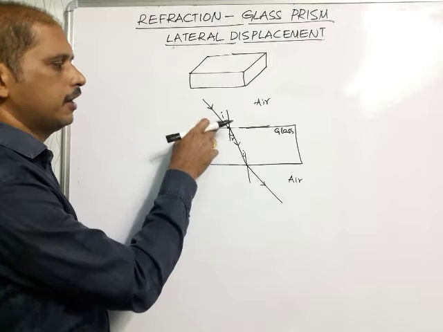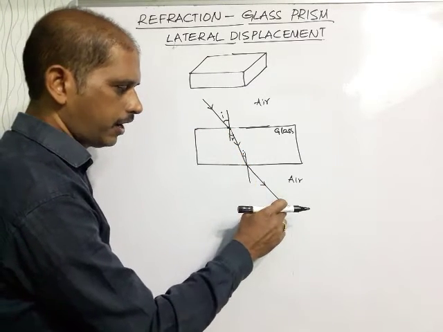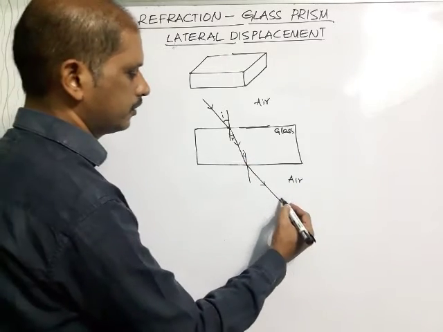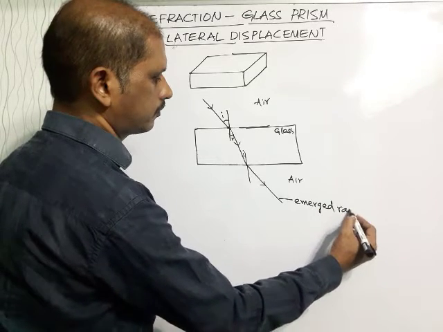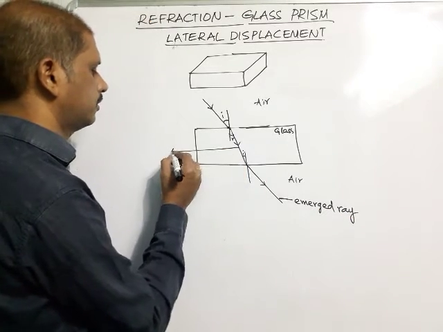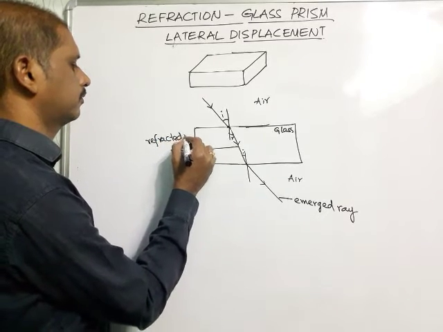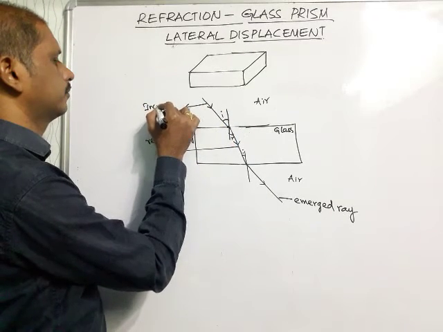So this is the emerged ray. See that this is the incident ray, this is the refracted ray, this is also a refracted ray, but it comes out. That is why we call it the emerged ray. This is the refracted ray. This is the incident ray.